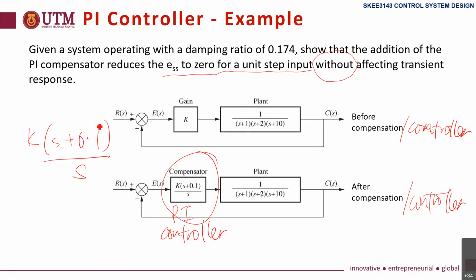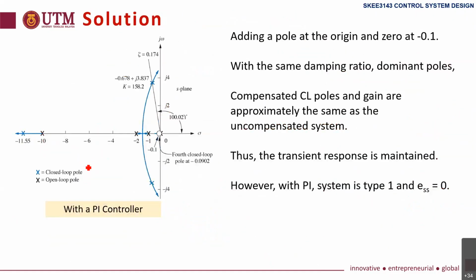That means we add one zero at -0.1 and one pole at the origin. So here, you can see one pole and one zero at -0.1. The root locus is quite similar because the root locus from the pole at the origin goes to the zero near the pole.